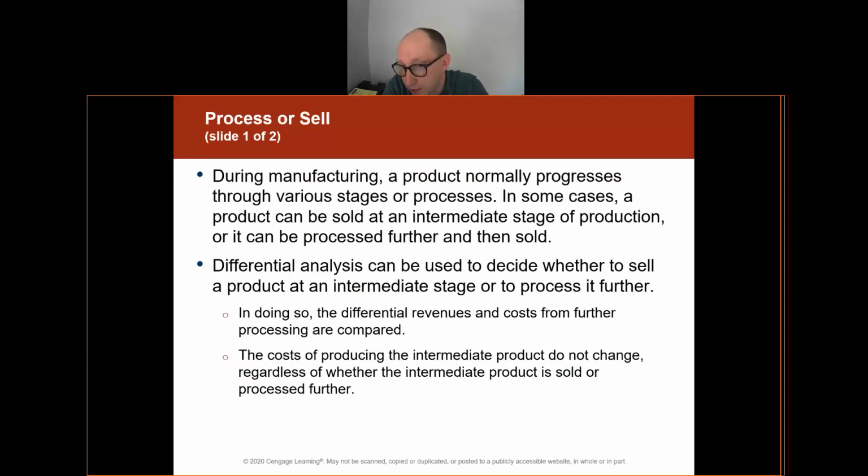Then we can make a decision to process it even further. So raw oil, we process it a little bit to turn it into heating oil or automobile oil. If we process it even further, it can become gasoline, for fuel. And so that's the decision: do we process it further or do we sell it as it is?